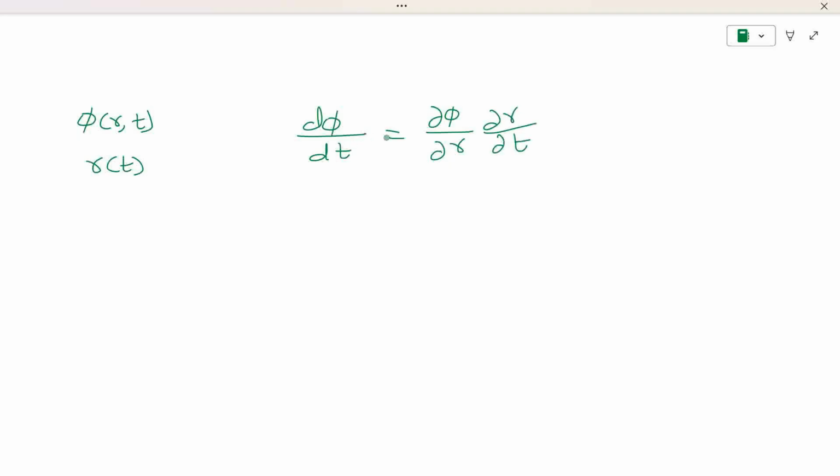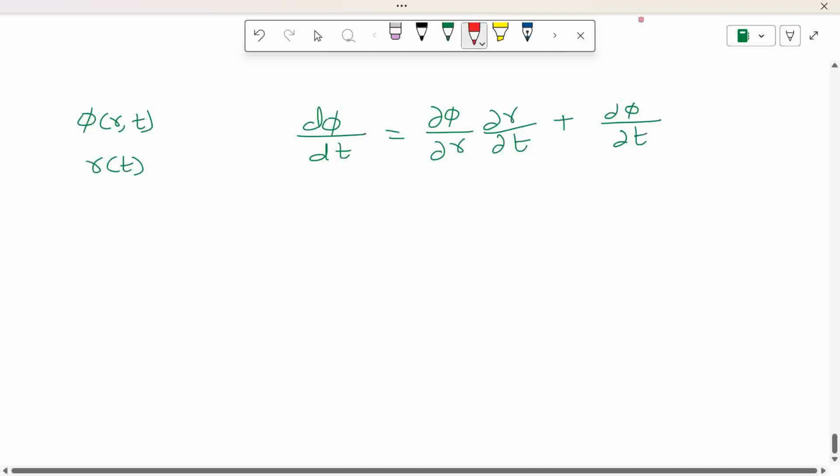So here we have to switch to partial differentiation because phi is a function of r and t, and also both phi and r are dependent on t. So phi is also dependent on t. So in order to calculate that, we have to directly perform dou phi by dou t.